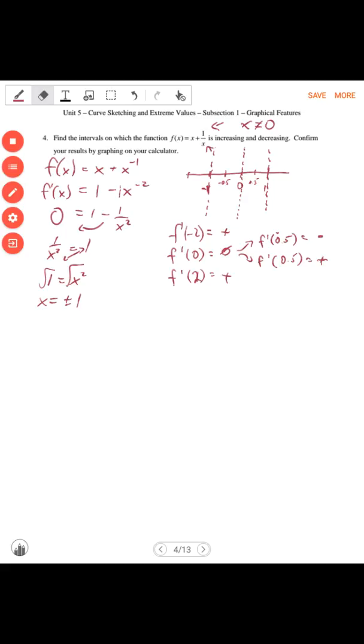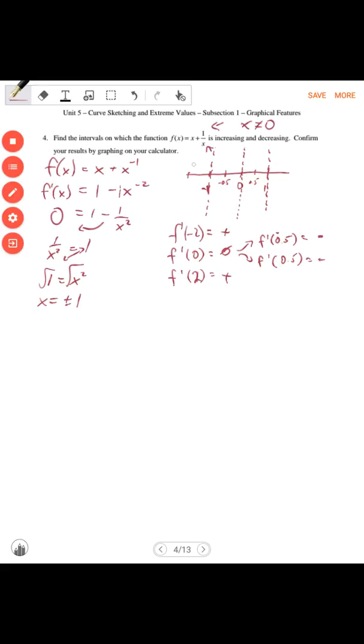Then 1 minus 1 over 0.25. Oh, so yeah, that's negative 3. And we have the same thing here with the negative 0.5, so that's also going to be negative. See, I did get that one wrong. Sorry, my bad. That's why we check these things. So that guy is negative as well.